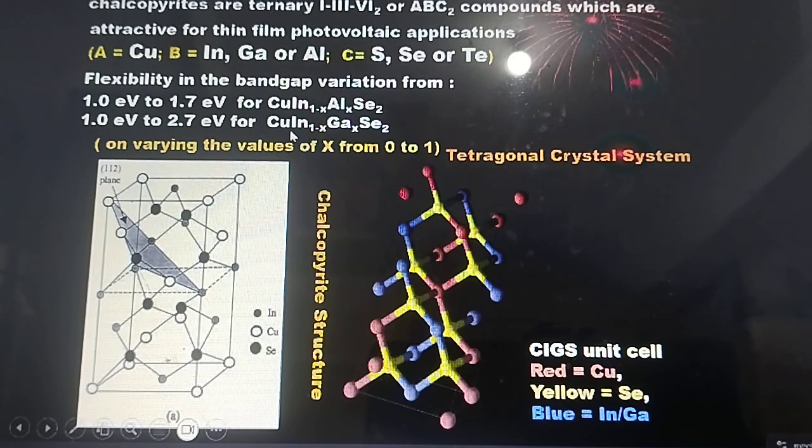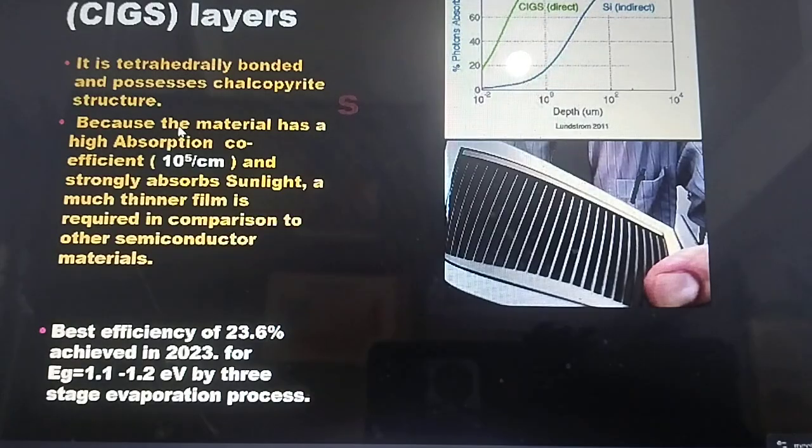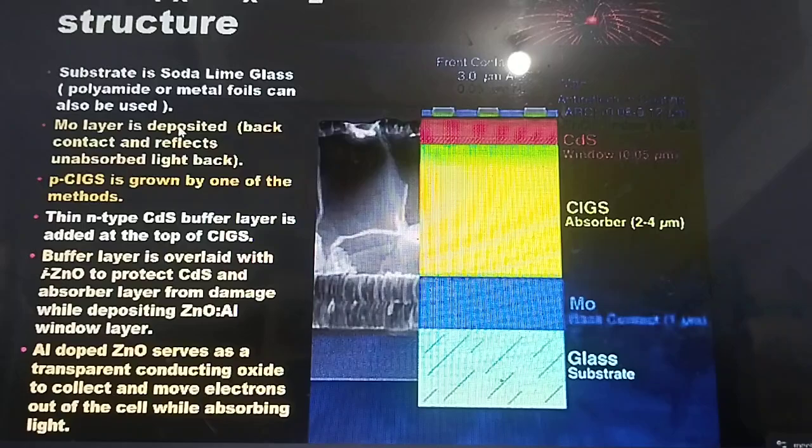And if I use copper, indium, gallium selenide, we can have band gap from 1.0 to 2.7. So you can see that by changing the band gap, a lot of properties are changed. We have already studied it. The optimum film thickness is very low, so it is a flexible material.